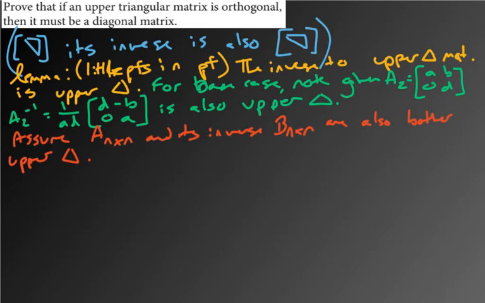So that's my inductive hypothesis, and now we're going to show that the n plus 1 case follows, okay? So I'm going to let A n plus 1 equal A n by n, and basically what I'm doing is a block 2 by 2 matrix. So I'm going to let this be a lowercase a, and that is just an n by 1 vector, okay? And then this is the 0 vector, but it's a 1 by n.